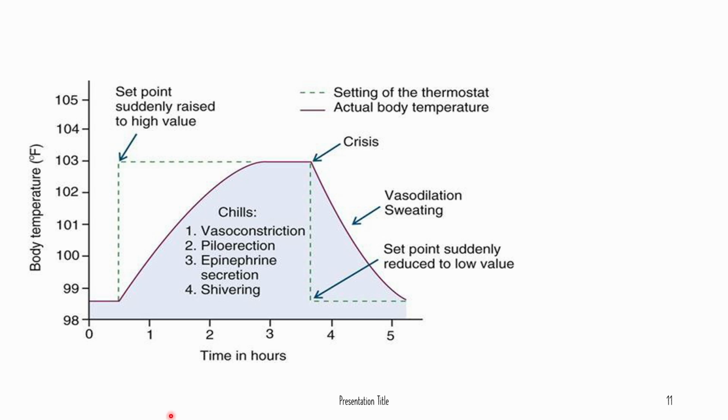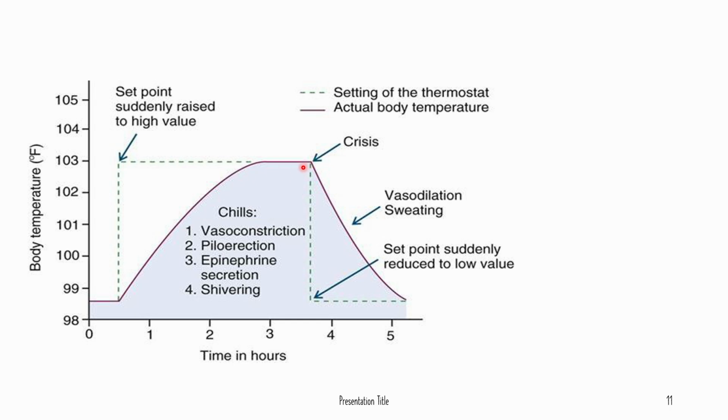So this is what is happening. Let us say the thermostat set point is set at a higher level. For example, here it is set at 103 degrees Fahrenheit. So now the body is going to respond with heat gain mechanisms like shivering, peripheral vasoconstriction, etc., so that it can reach the set point of 103 degrees Fahrenheit.